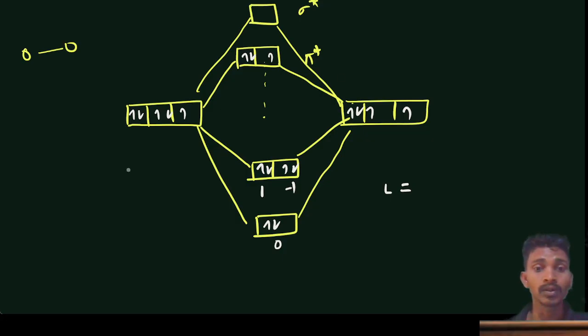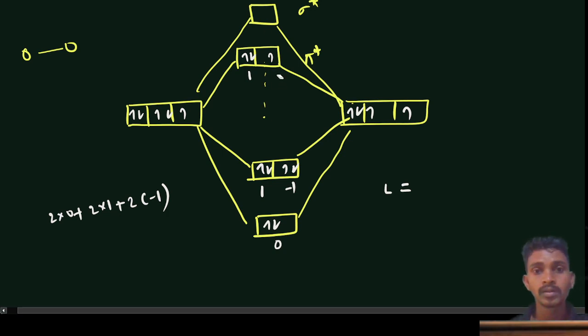If you want to check also you can check, that is 2 into 0 plus 2 into 1 plus 2 into -1. And another is here, this is 1, this is 0, this is, sorry, this is -1, this is 0. Okay, so I have taken up to this.